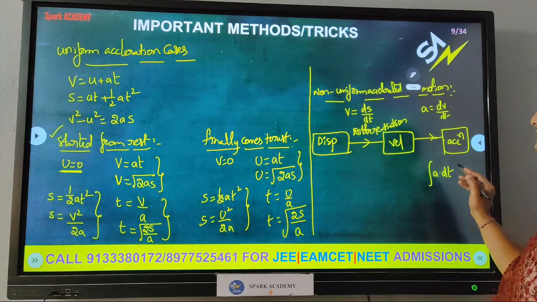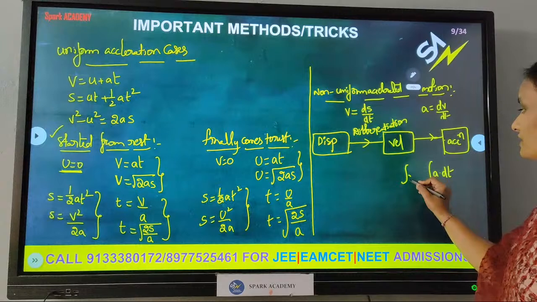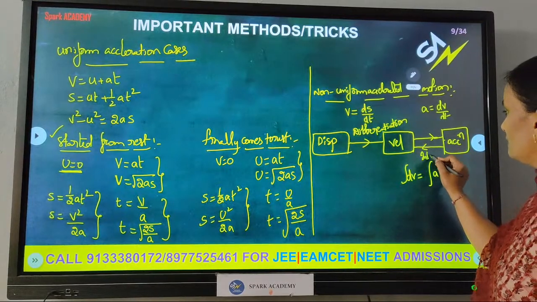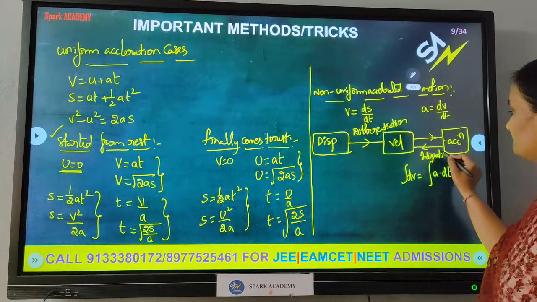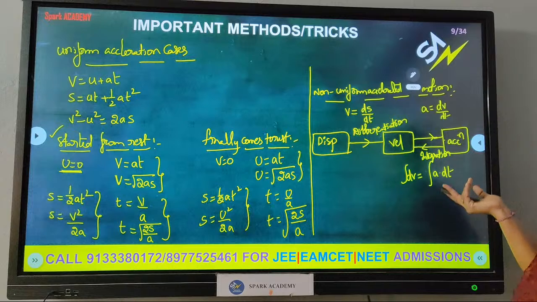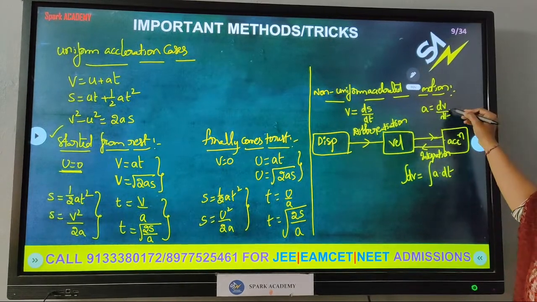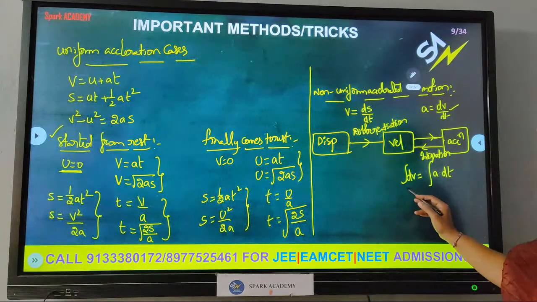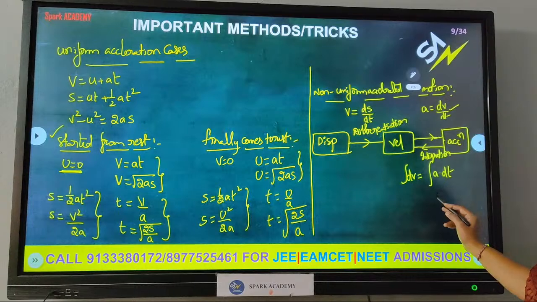So using the calculus method, here we are using integration. Or if velocity is given as a function of time, to find the acceleration, we follow differentiation. Acceleration as a function of time, to find velocity, we follow the integration.